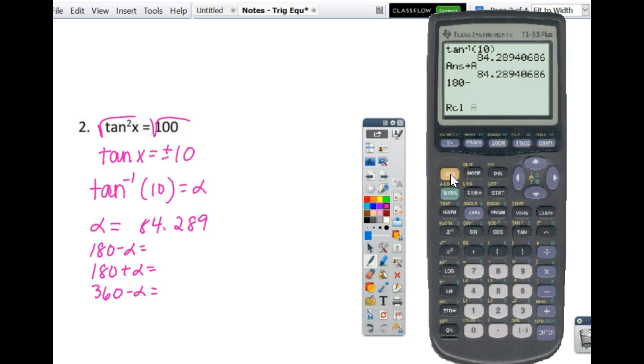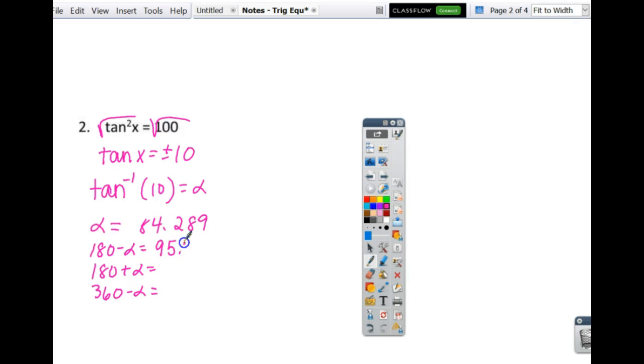Mine froze. What do you get? And then 180 plus, and then 360 minus. 264 point what? 828?